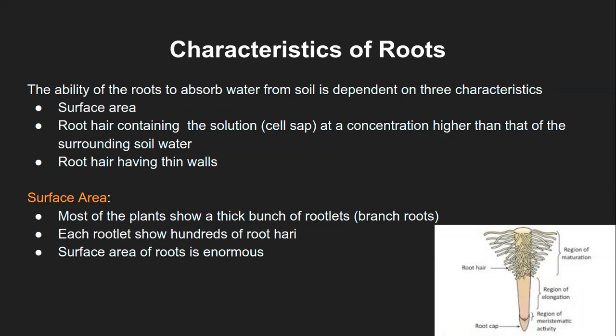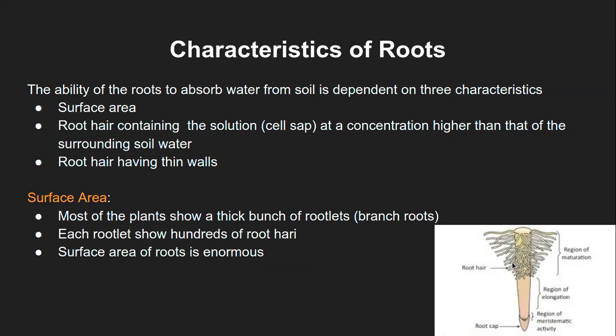Second, root hair containing the solution, that is what is called cell sap, at a concentration which is higher than the surrounding soil water. In the simplest language, if you look at this part, the small hair-like structure coming out of the main root or main root branch is nothing but the root hair, and this will absorb the water inside the root.